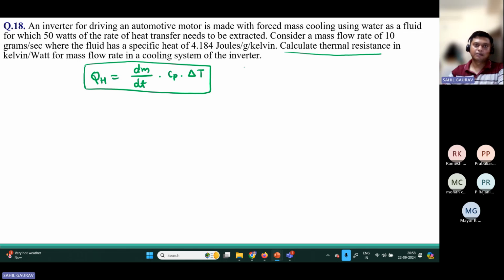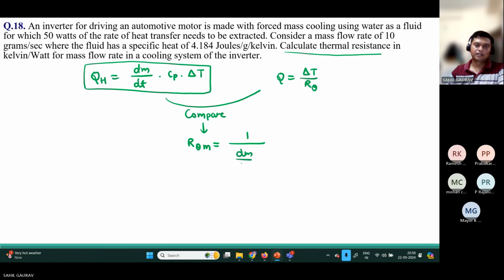So again, we will compare this equation with delta T upon R theta. If we compare both equations, then you will get R theta m as 1 upon dm upon dt into Cp.